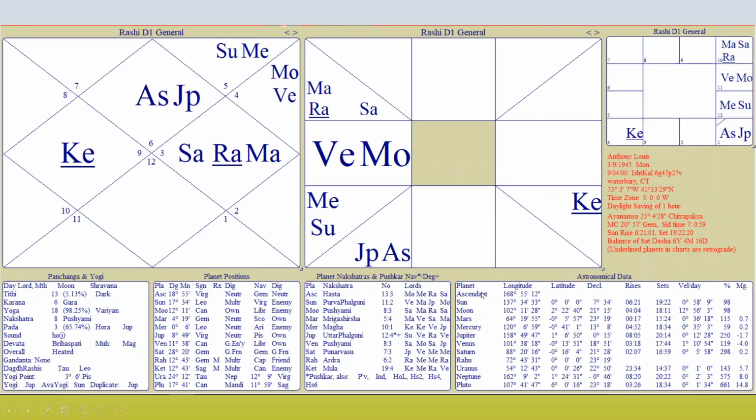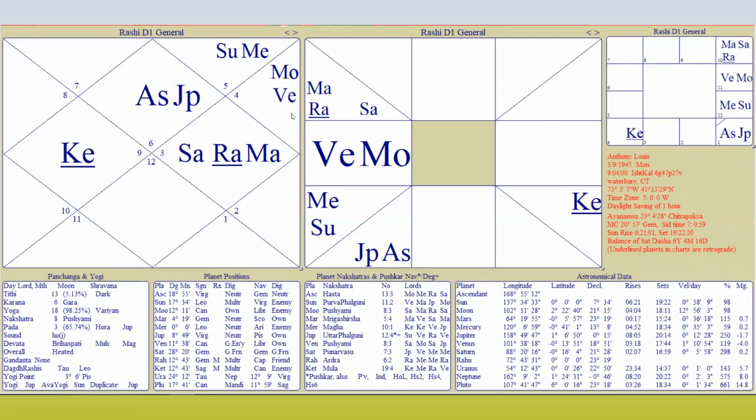Sure. Virgo rising with Jupiter in Virgo. And then the Sun and Mercury in Leo in the 12th. And the Moon and Venus in Cancer in the 11th. And Saturn, Rahu, Mars in Gemini in the 10th.